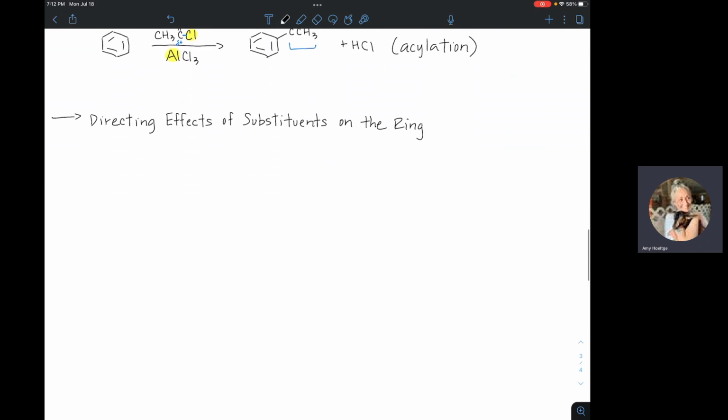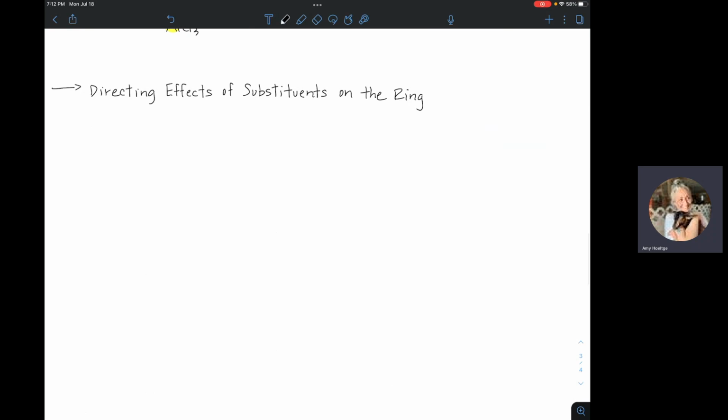So now take that into consideration and say, how could I most help or bolster the electron density or activate the ring toward attacking the electrophile? So if we have our ring and we have a group on the ring that has a lone pair of electrons, we imagine that group to be an electron releasing group, right?